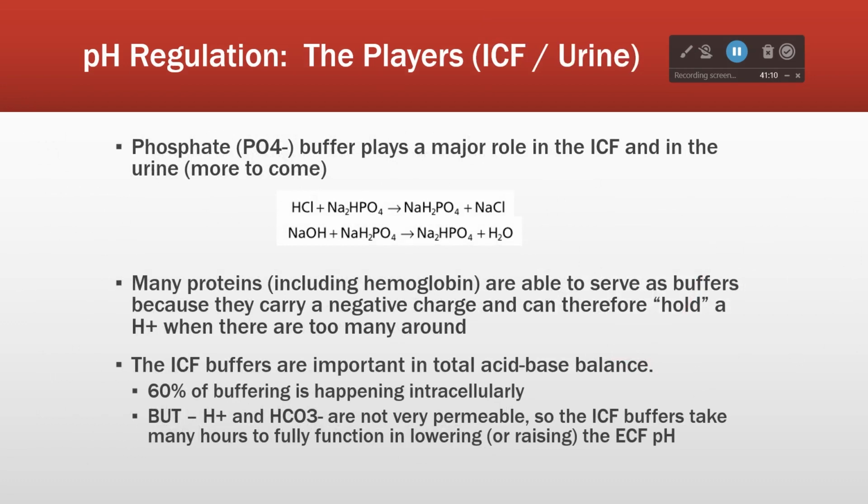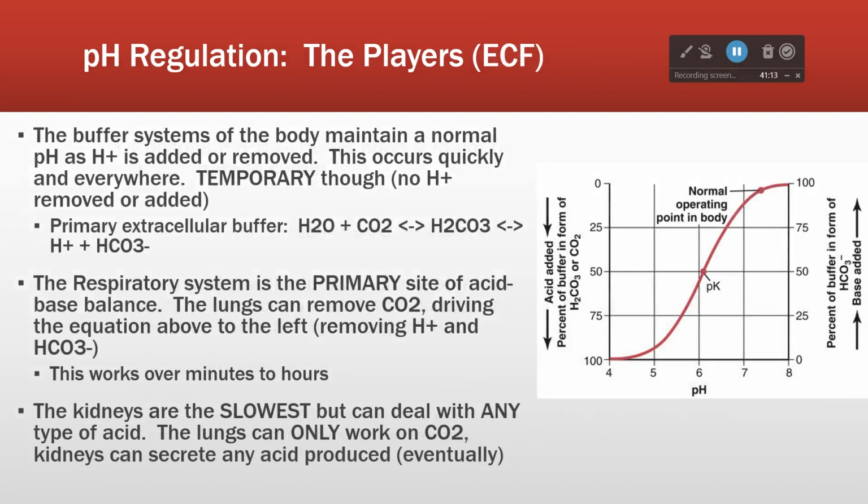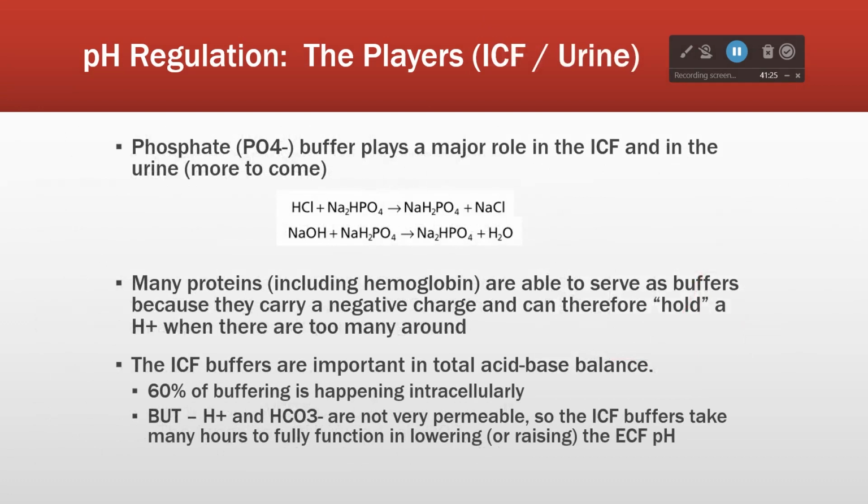Okay, extracellular fluid. That's where this plays its role. The carbonic acid buffer system is an extracellular fluid, plasma, blood buffer system. Inside of cells and in other bodily fluids, the buffer systems are a little different.